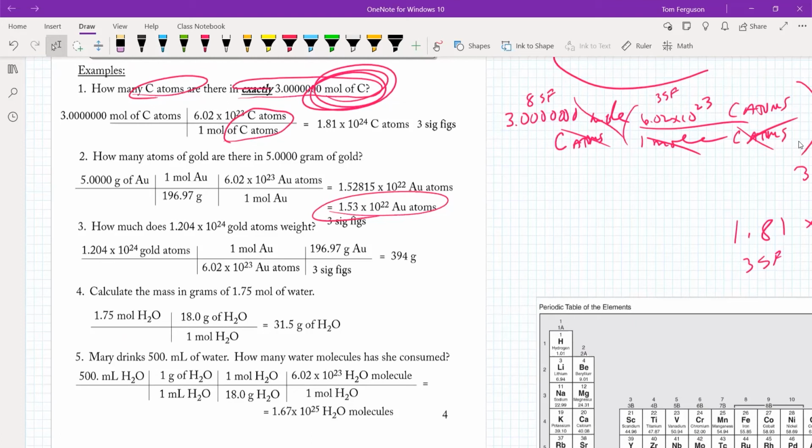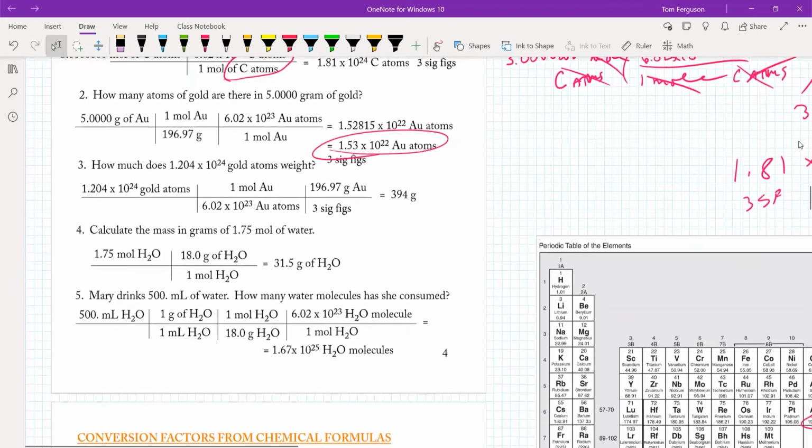Okay, so here we're starting with so many atoms. What does it weigh? And again, these are all two-part problems because we have to go through the intermediate of moles each time.